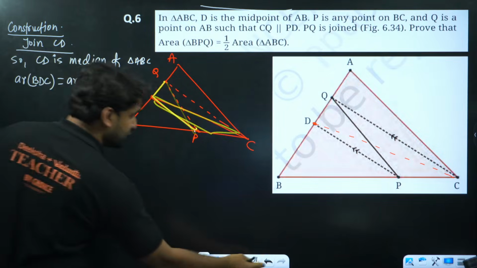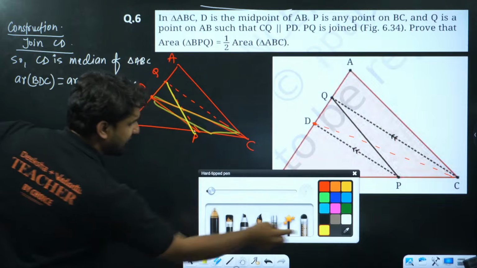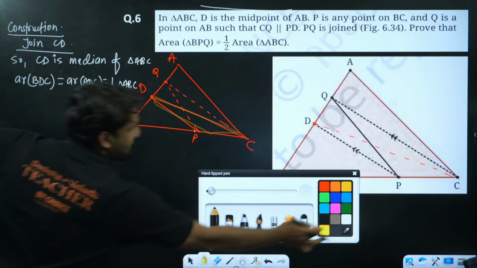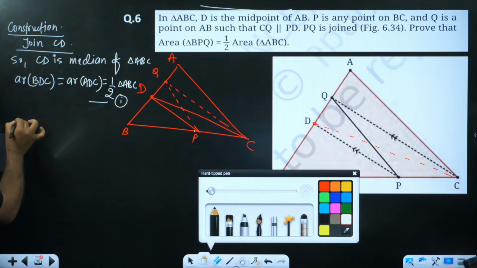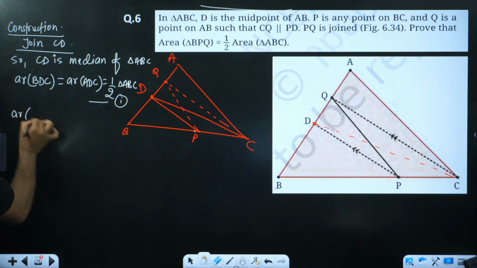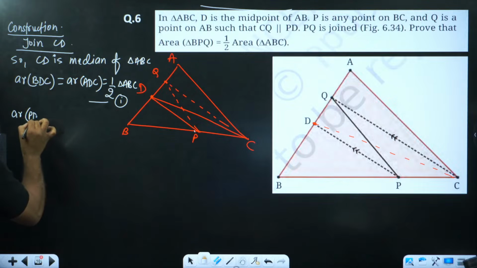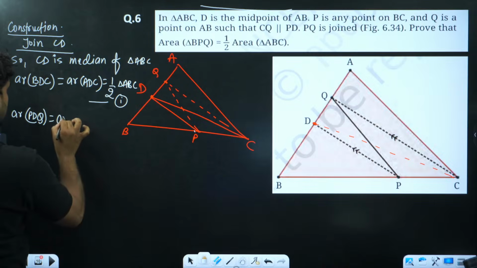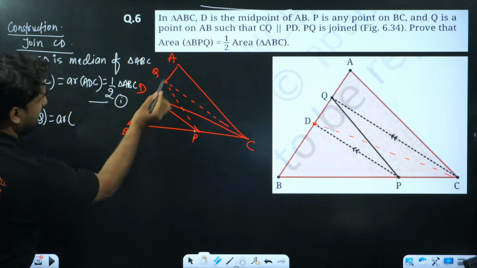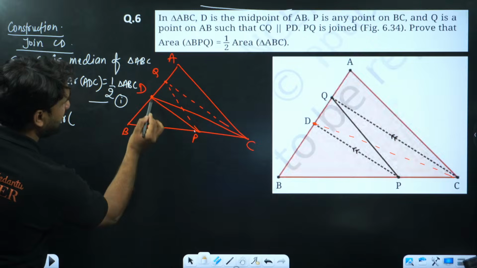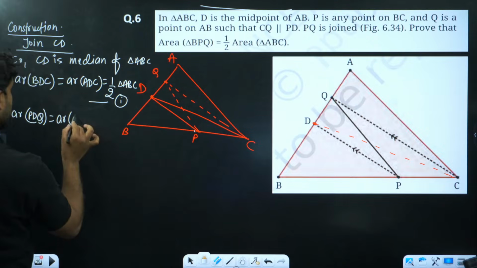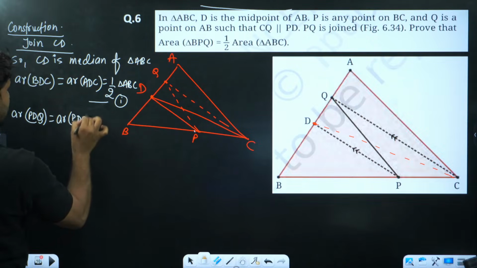Clear everyone? So let's write here. Triangle PDQ will be equal to triangle DPC, or we can write PDC. Why?